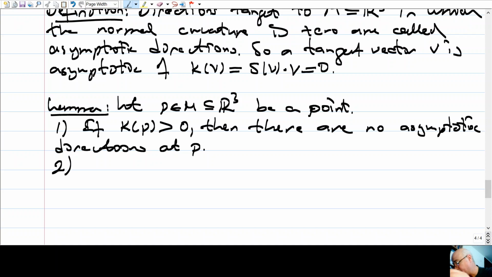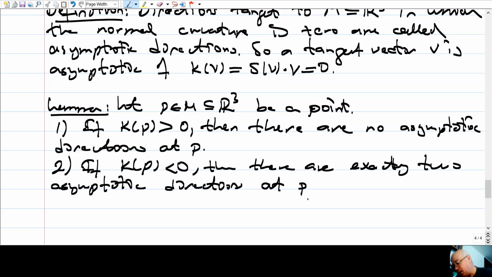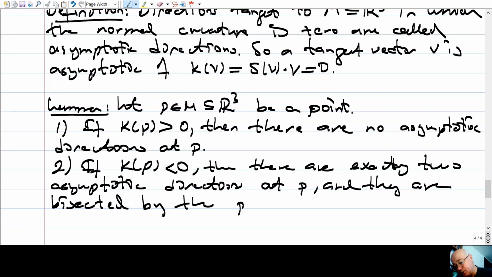And the second part of the lemma is this. If the Gaussian curvature is negative, then there are exactly two asymptotic directions at P, and they are bisected by the principal directions.